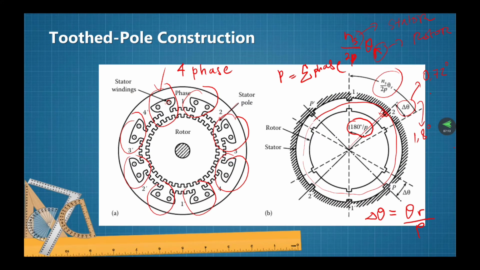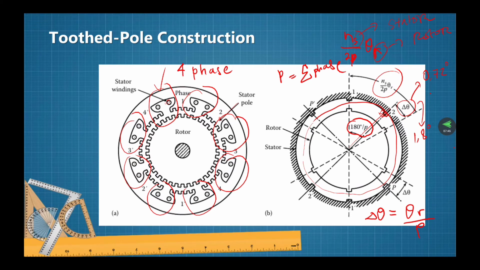So the center tooth of each pole and the rotor tooth close to the stator tooth are shown. This is one of the possible geometries for a single stack tooth construction, which in this case has the rotor tooth pitch, theta r, not equal to the stator tooth pitch, theta s.